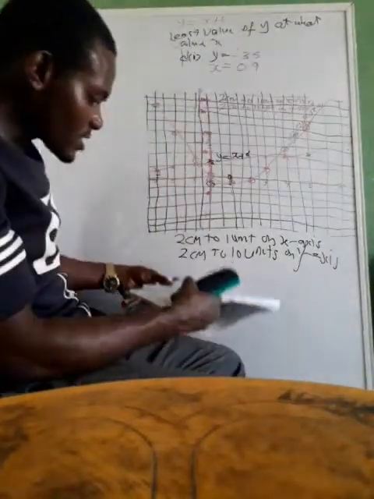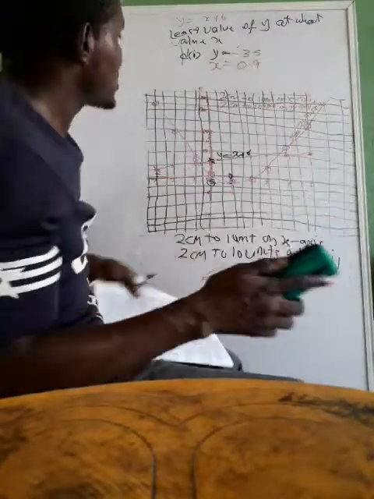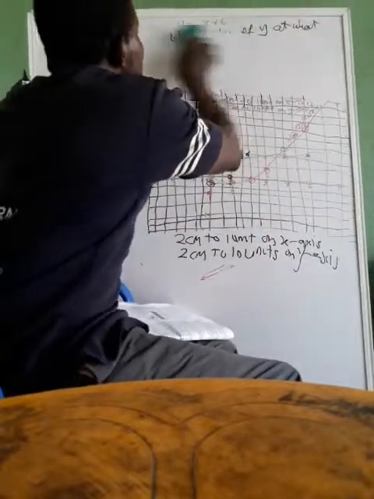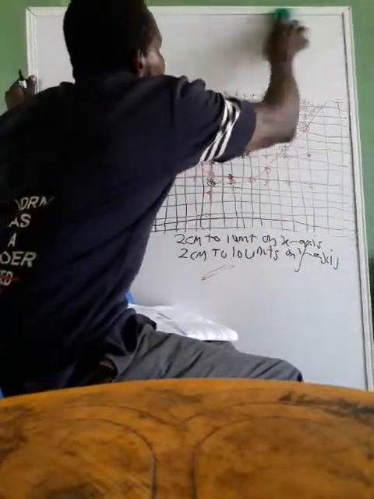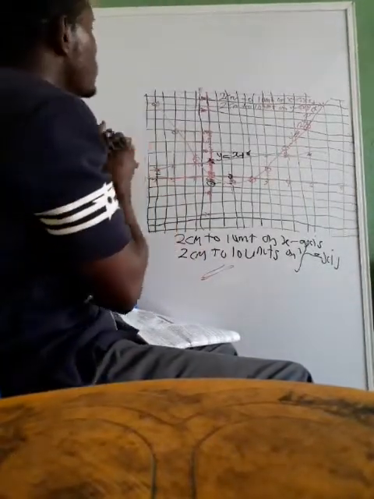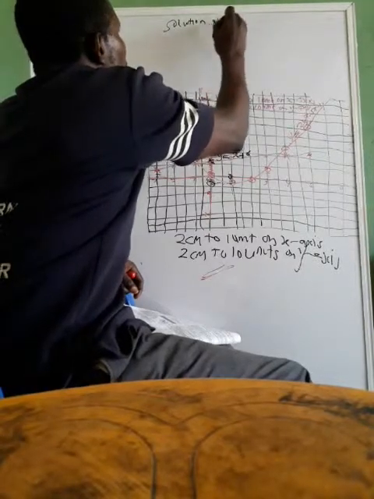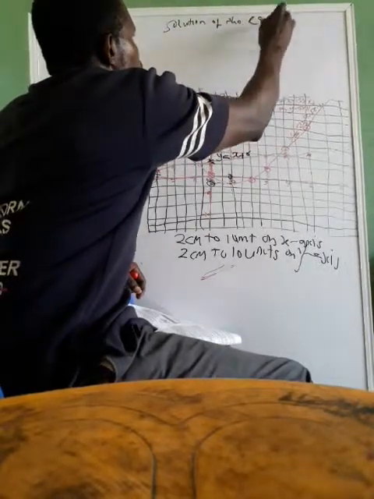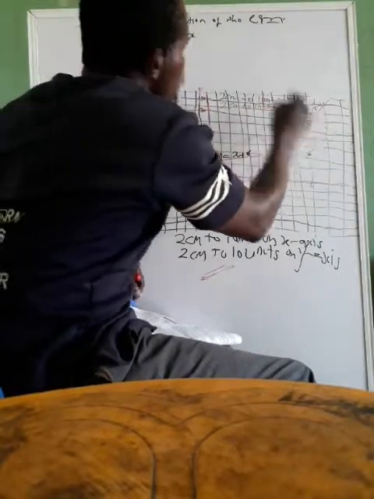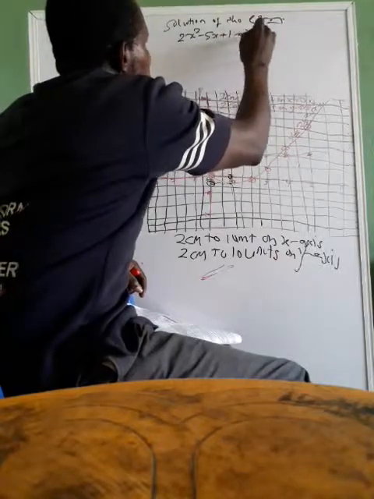Now, let's see, the last one said the solution of the equation. Now they are not telling you, I hope you get this one now. You are looking for the solution of the equation, that is (ii). They say solution of the equation. So what is the equation? 2x squared minus 5x plus 1 equals x plus 6.